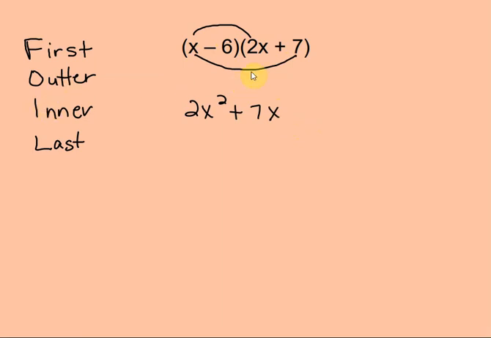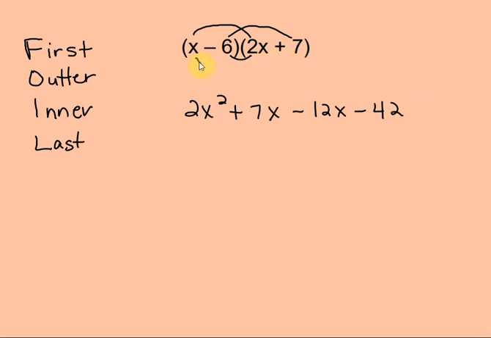The I in FOIL stands for the inner terms, and that gives me a negative 6 times positive 2x, which would be a negative 12x. And then the last two terms are a negative 6 and a positive 7, so that would give me a negative 42.